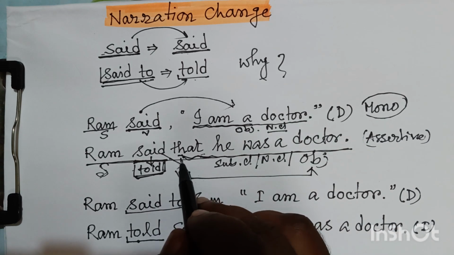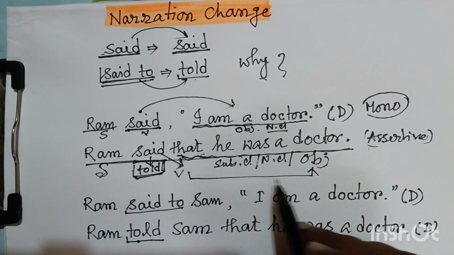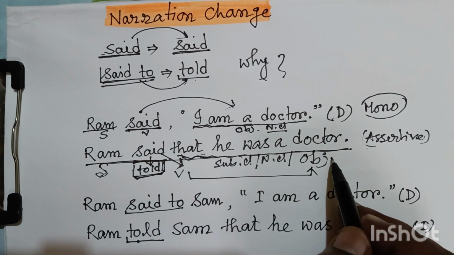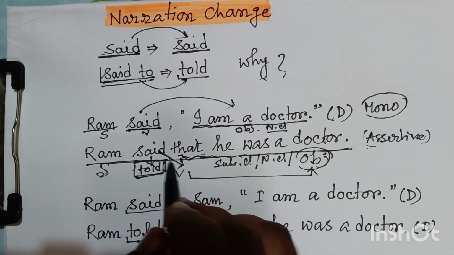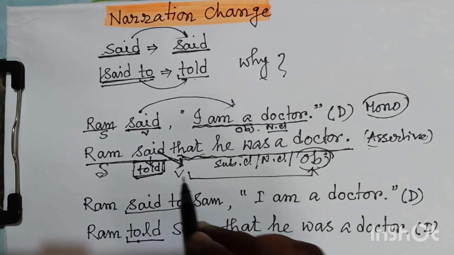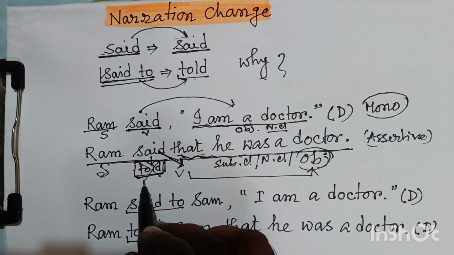This entire clause, that he was a doctor, this noun clause is used as object of the verb said. That's why we have written said here. We cannot write down told here.